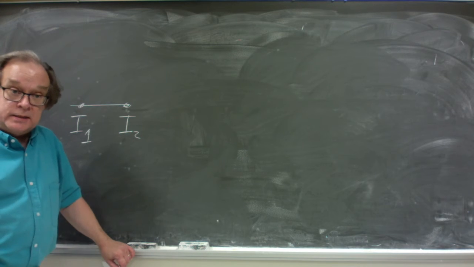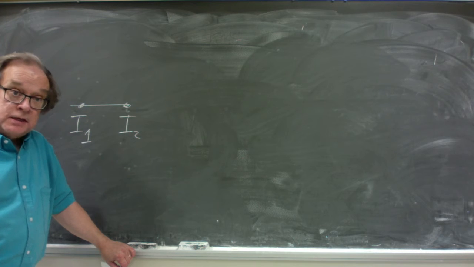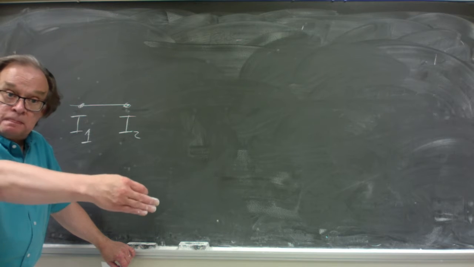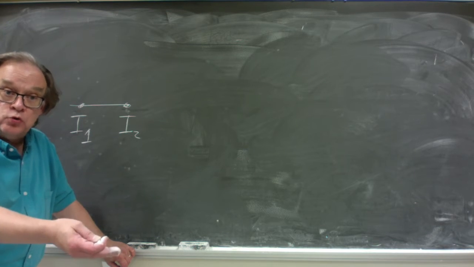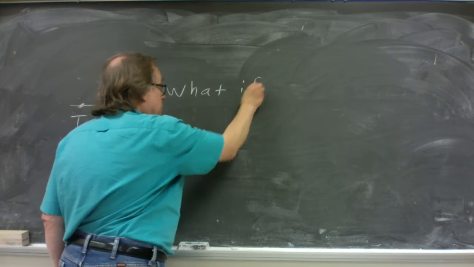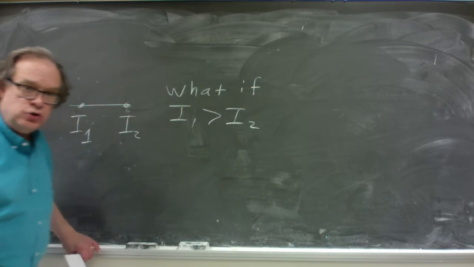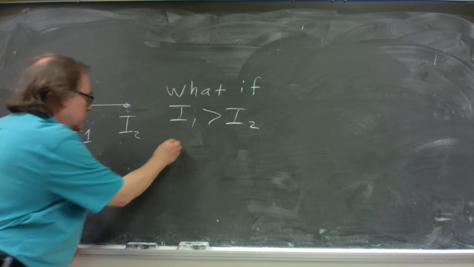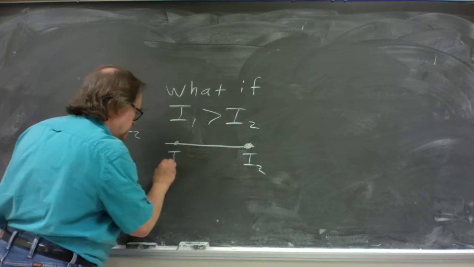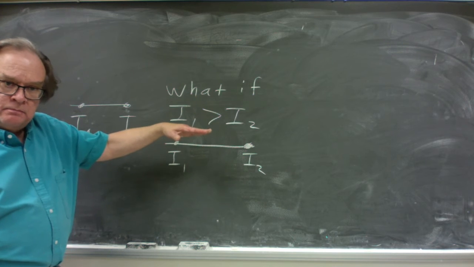And why is that? Well, we can understand why that happens if we think a little bit about what would happen if this uniform current were not true. What if, for example, current 1 was greater than current 2? So here are those 2 points in the wire, and we're imagining a current passing this way.